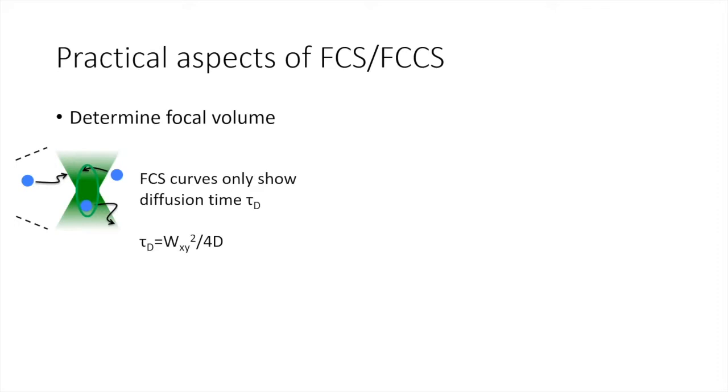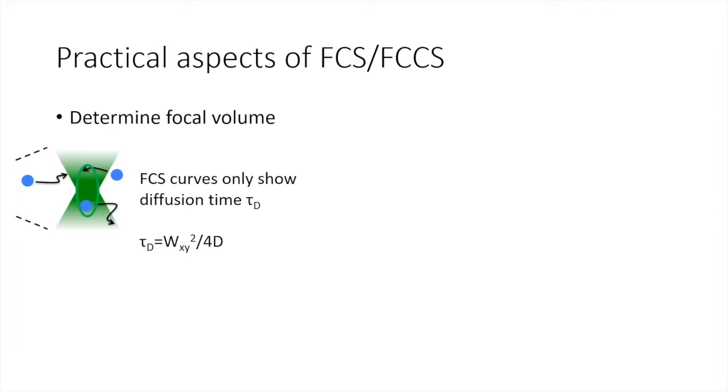And for the practical aspects of FCS and FCCS, you need to think of how to determine the diffusion coefficient in your focal volume. Since the FCS curve will only give you the diffusion time from fitting the correlation curve, if you want to find out the diffusion coefficient, you need to know the geometry of your focal volume.